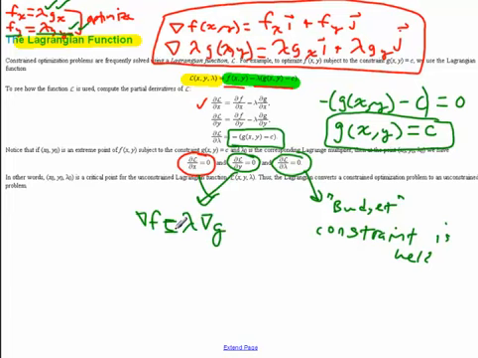Or in other words, that our optimization function and my constraint function gradients are in fact parallel to each other, which we know will create a maximum or a minimum. So when all three of these are true, equaling 0, our constraint is held and we're creating a tangent line, then we will be able to find out the point that maximizes or minimizes our optimization function.